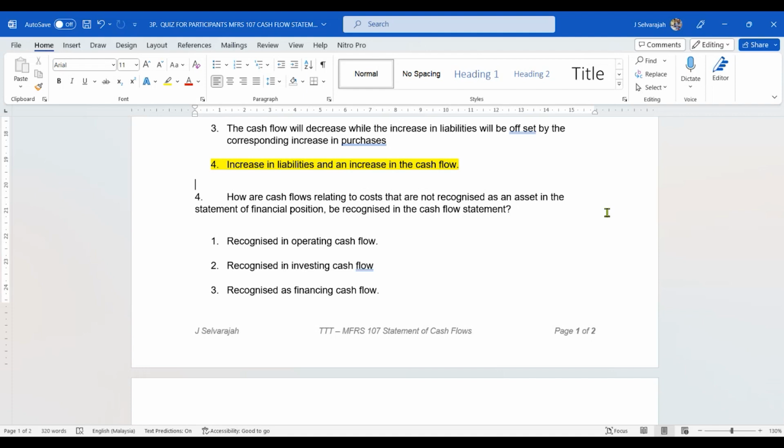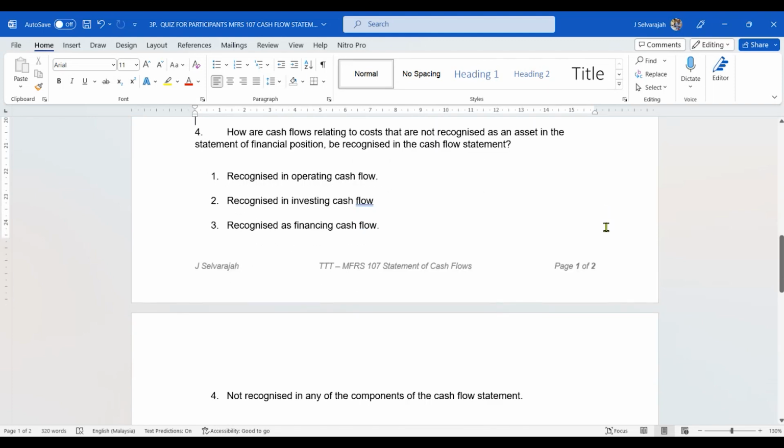How do you recognize in the cash flow statement? Is it operating cash flow? Is it investing cash flow? Or is it financing cash flow? Or it is not recognized at all in the cash flow statement. Leave it there in the P&L account. Well, a lot of answers coming out.